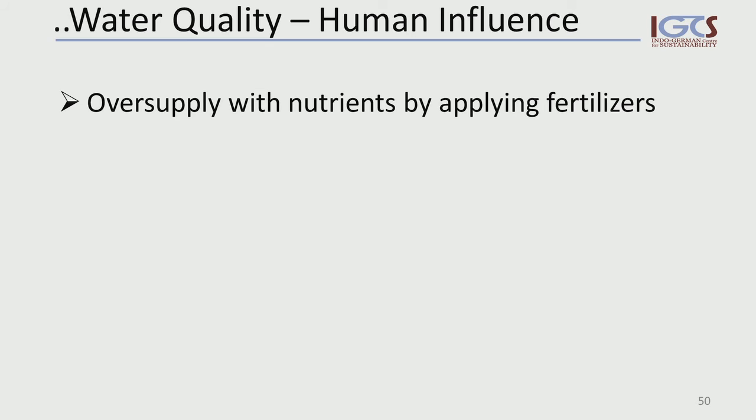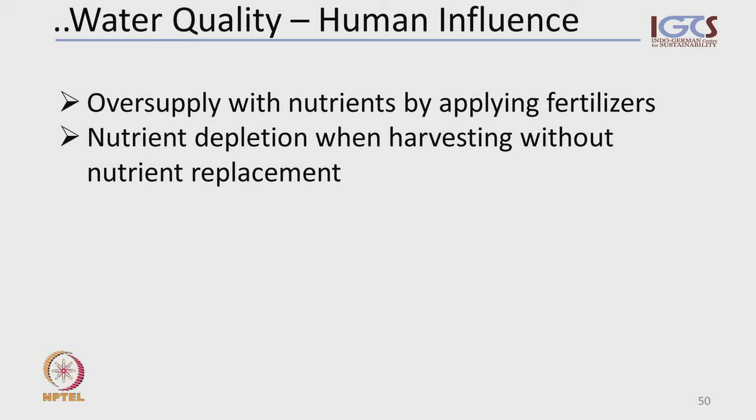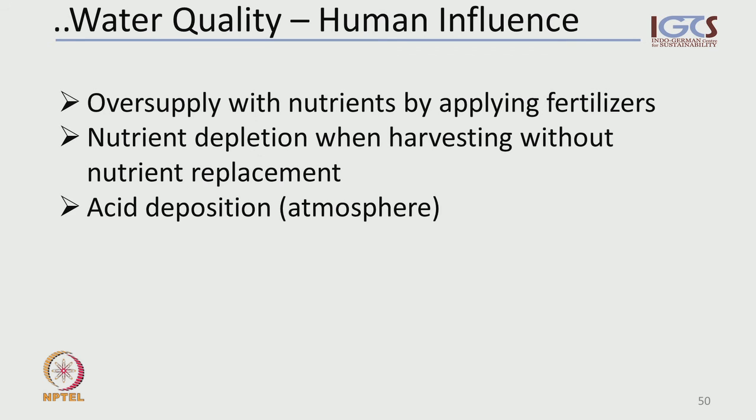Now, this is not all. We also have been oversupplying certain parts of the ecosystems by applying fertilizers. We also have caused, on the other hand, nutrient depletion when we harvest and we produce one and the same monoculture on one piece of land without replacing the nutrients that were taken out.